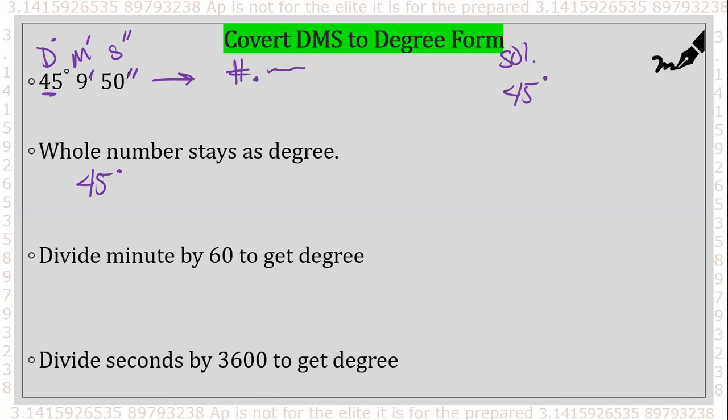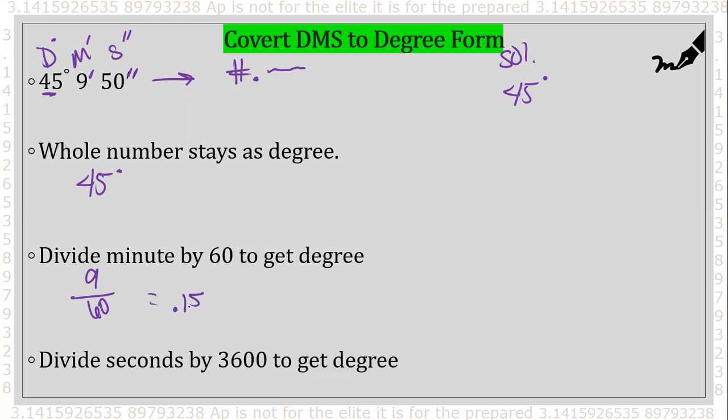Now, I have this 9, which is in our minutes, and according to our proportion, this 9 gets divided by 60. When I did this example, 9 divided by 60, I got that it was equal to 0.15.